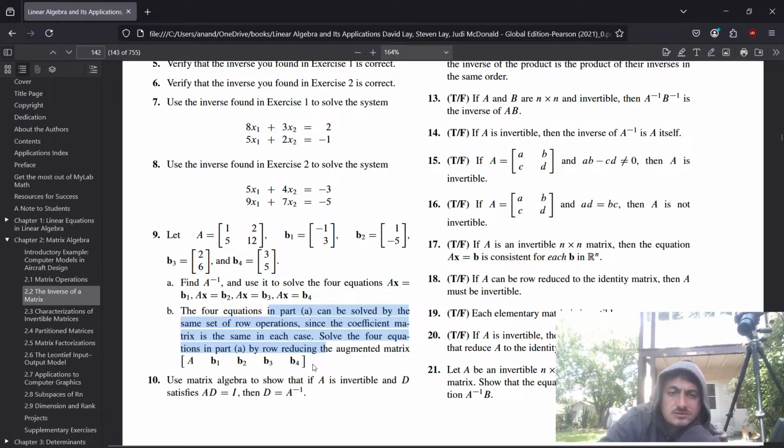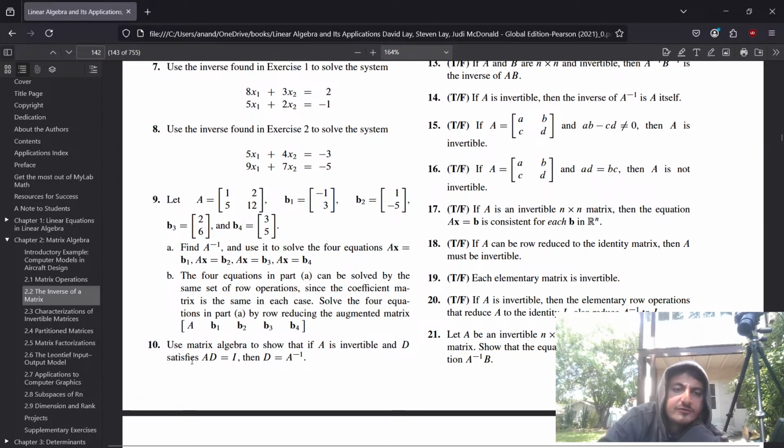What? Solve the 4 by row reducing that. Yeah, okay, fine. 9 makes sense. I don't know if I'm going to do it.